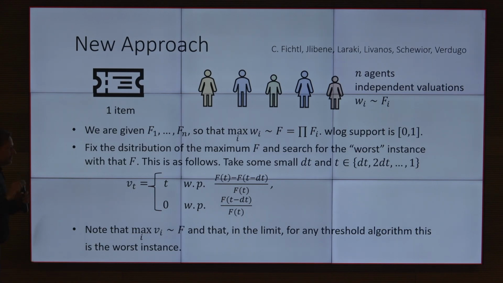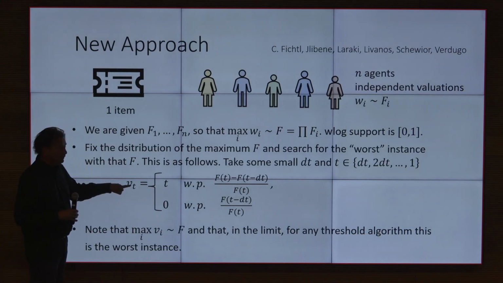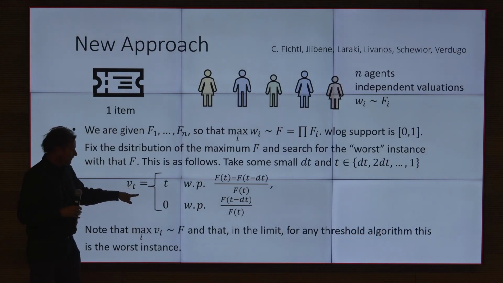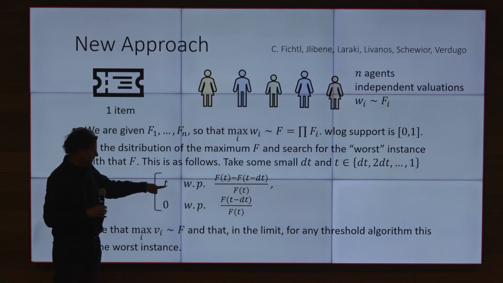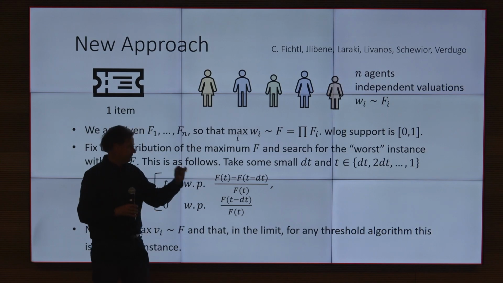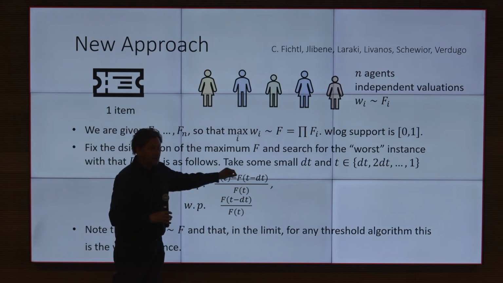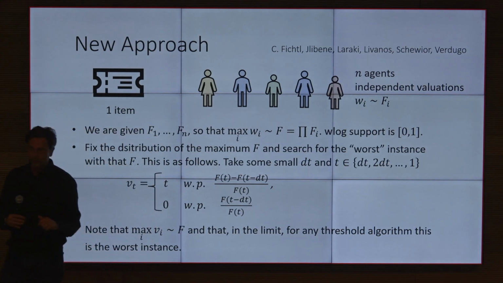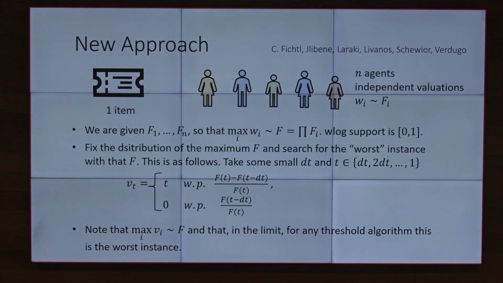And this worst possible instance turns out to be a weighted Bernoulli kind of instance, in which we have random variables Vt that take value t or 0, and take value t with probability the density times dt divided by the distribution. So what is the problem here that you're solving? Same problem, prophet inequality. With distributions, not with samples. With distributions. Okay, we'll see what happens, but yes, with distributions.